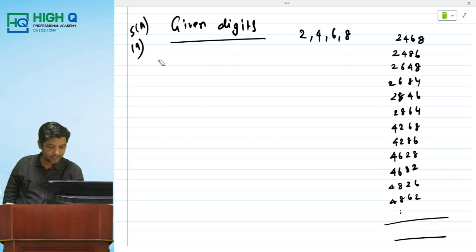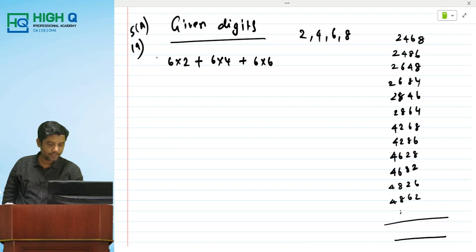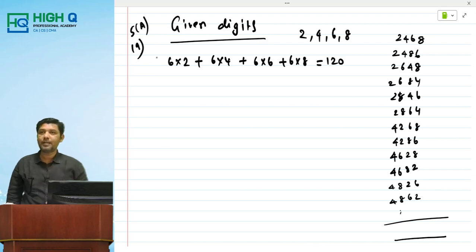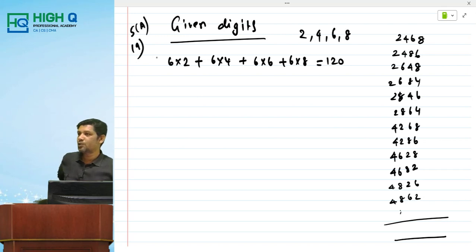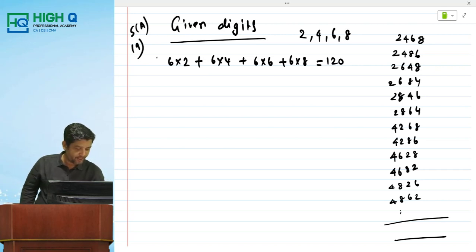So, 6 times 2 will be there, 6 times 4 will be there, 6 times 6 will be there, 6 times 8 will be there. When you add everything, are you getting 120, my dear? This is the sum of all the unit digits. Say yes or no. Now, in units place, if I add everything, I get 120. What is remaining? 12.